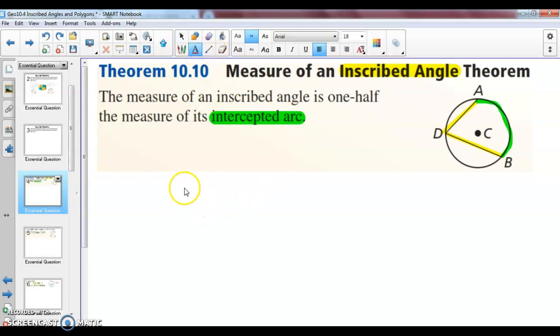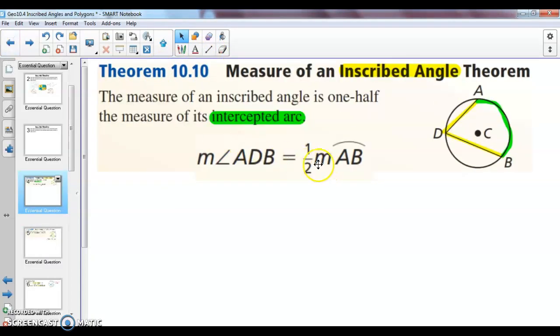So, in what way? We can actually write an equation of this form. Measure of angle ATB is equal to 1/2 times the measure of arc AB. So which is bigger and which is smaller? Since this angle is 1/2 of another quantity, the measure of the angle must be smaller than the measure of the arc.